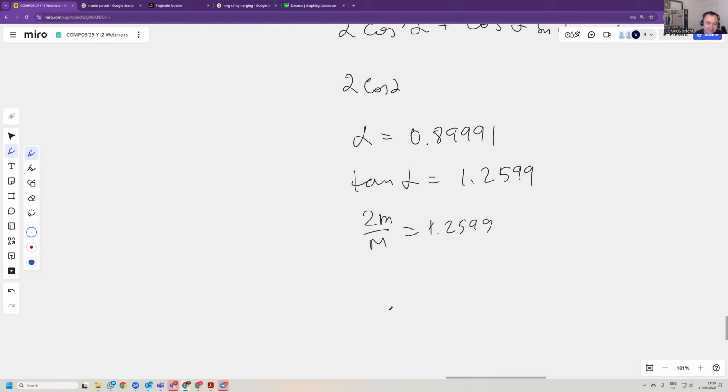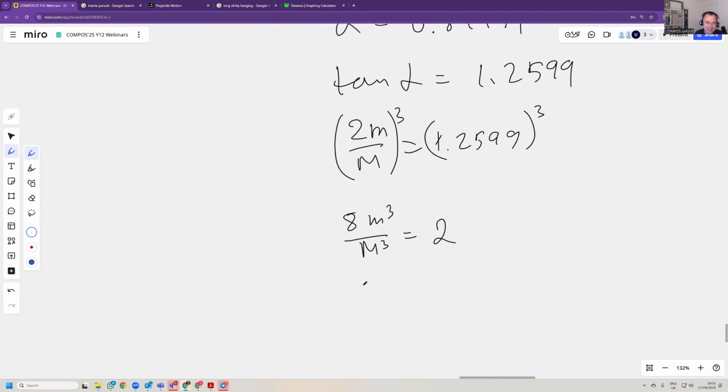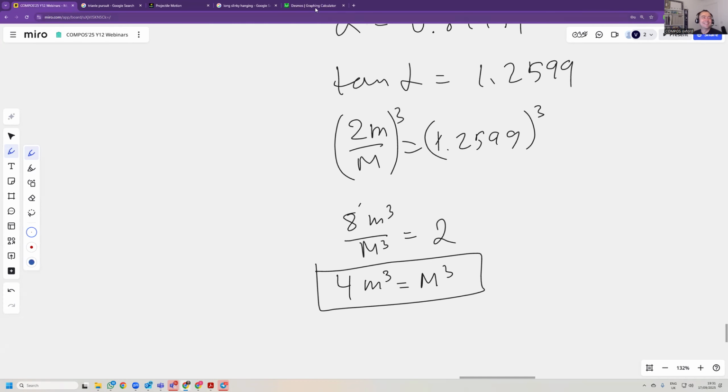If you cube that, you get 8m cubed over m cubed, and that is 2. Nice. And that means you divide by 2, so m cubed equals 4 m cubed equals m cubed. Wow. Okay.